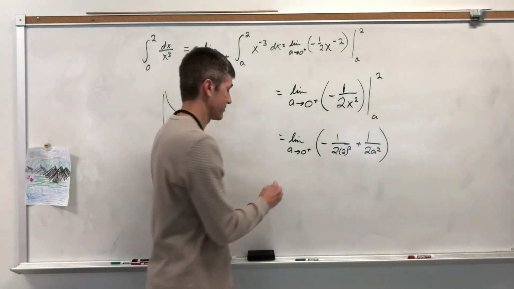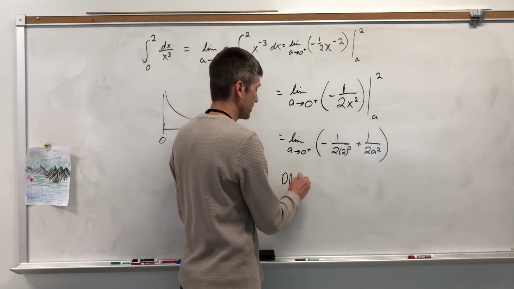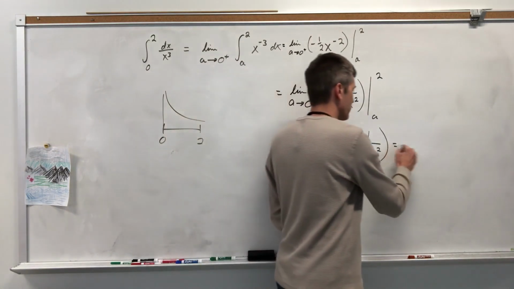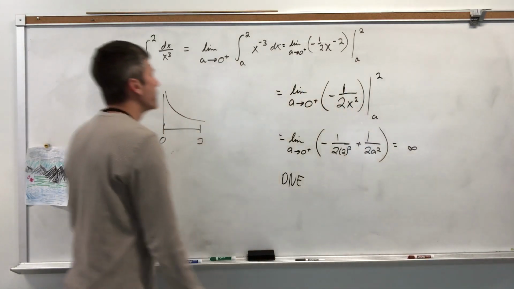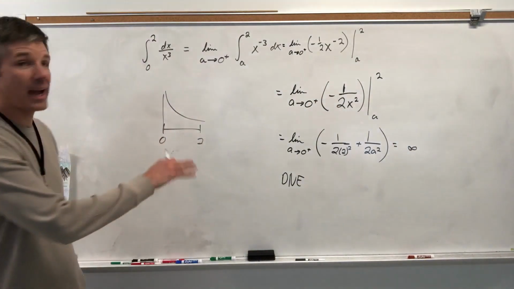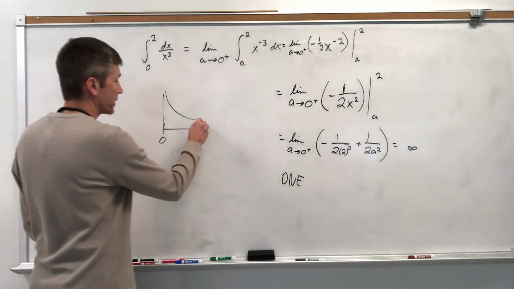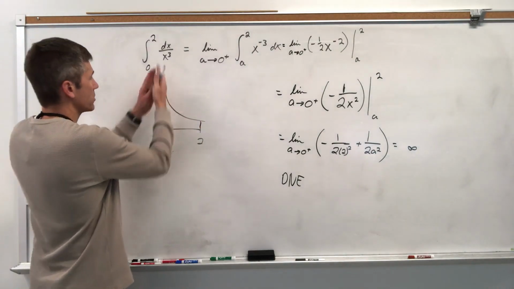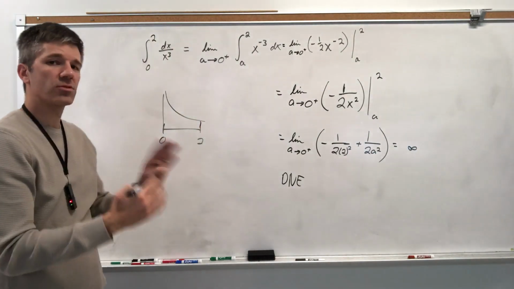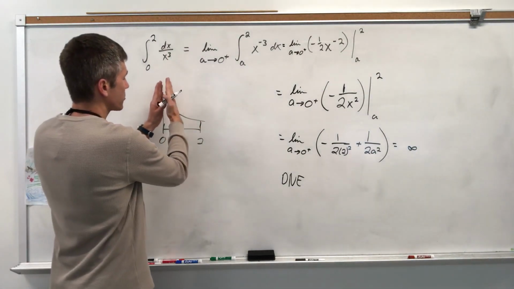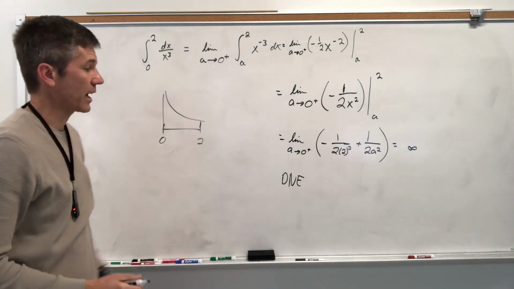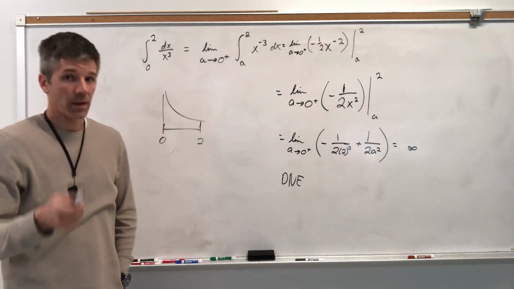Does not exist. Sorry, does not exist. You could say it's infinity if you want to get technical. Approaches infinity. This equals infinity. It's an infinite area from 0 to 2. I mean, that's finite. But up here, this asymptote, it's just going to go forever. And the contour of this graph is just right or just wrong to where this actually does not exist. So it does not exist.